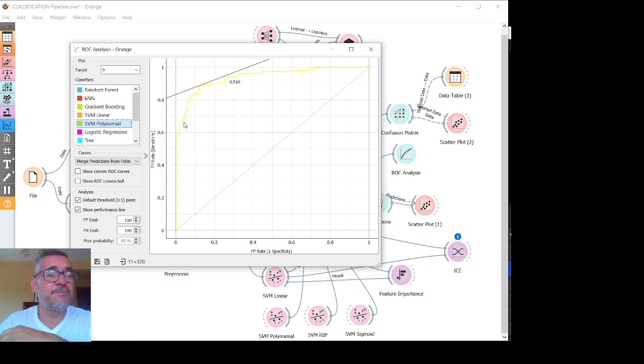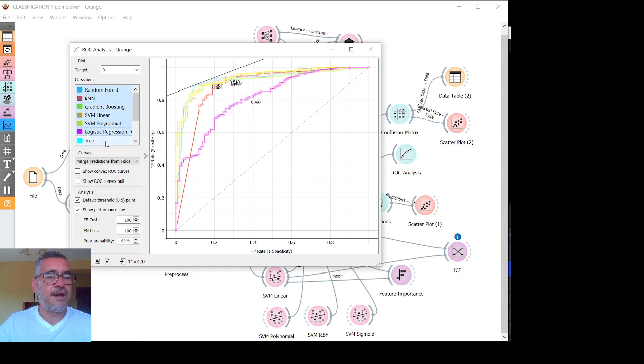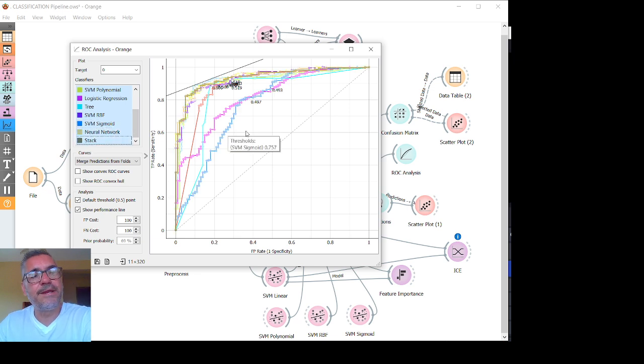Of course, it all depends on what our target variable is. It can either be 0 or 1. All these analysis here, all these ROC curves are relevant for when we talk about class 0, so the customers that actually pay.